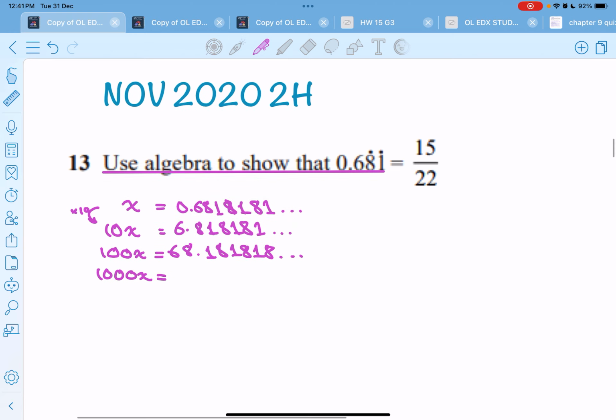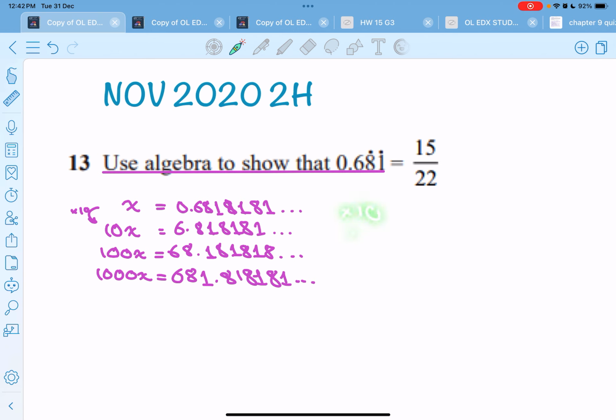You're going to see right now. 681.818181. Here I have the same decimals as in 10x. So now I stopped. I just use trial and error.